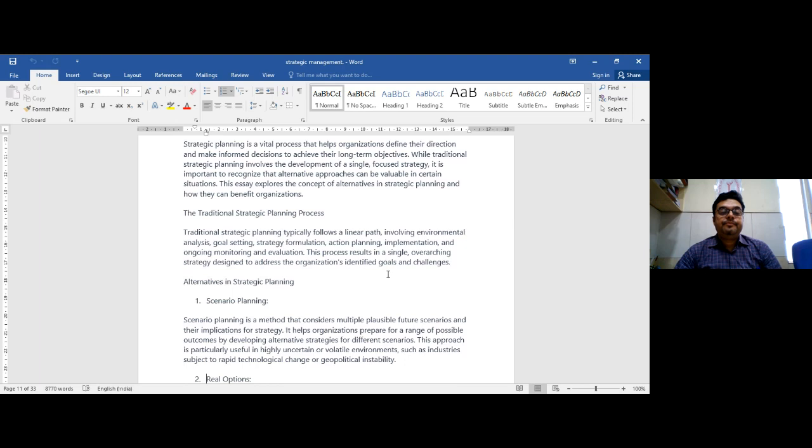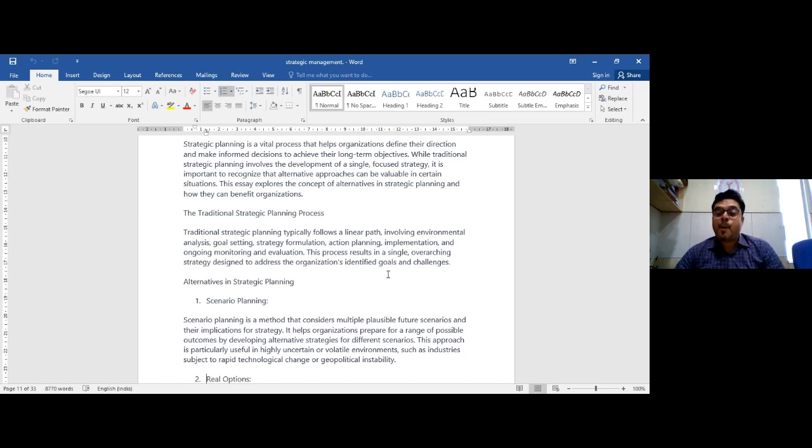So, the various alternatives that can be considered in the context of strategic planning would involve scenario planning, the context in which the strategies are formulated and need to be assessed.